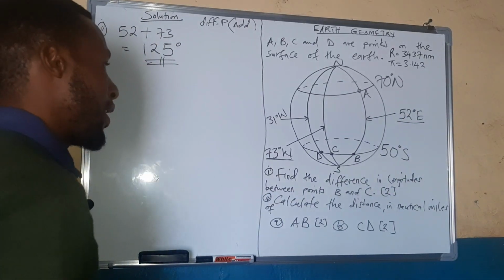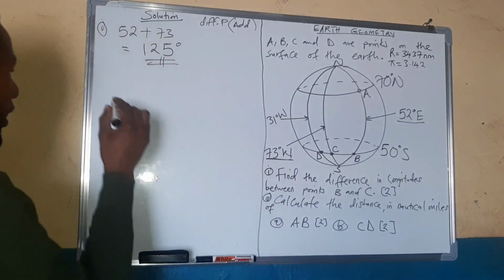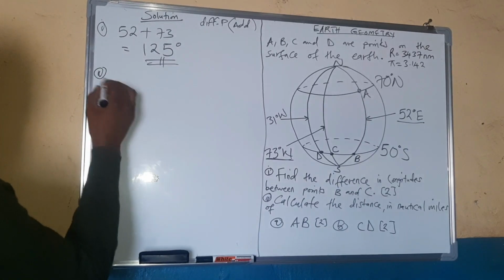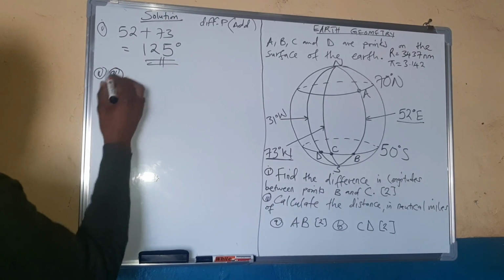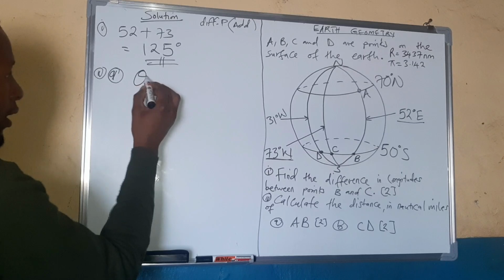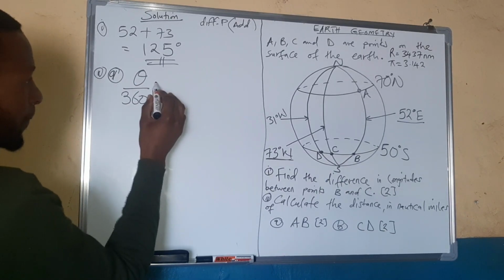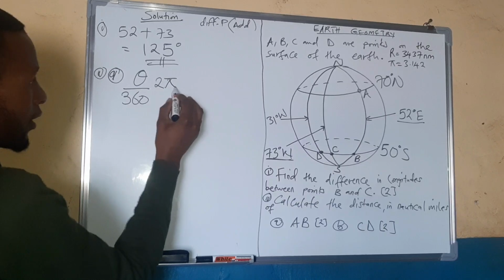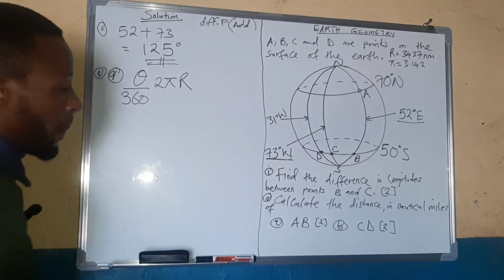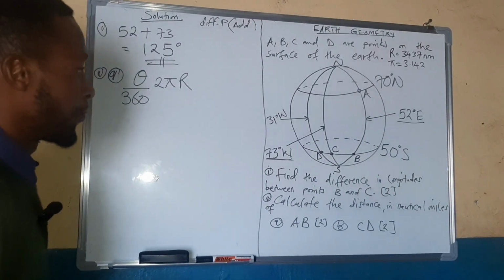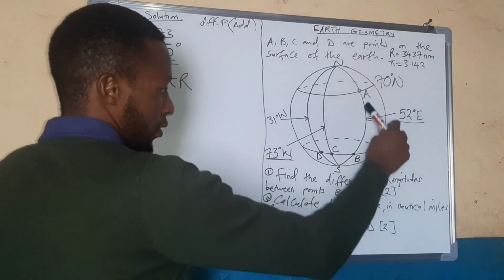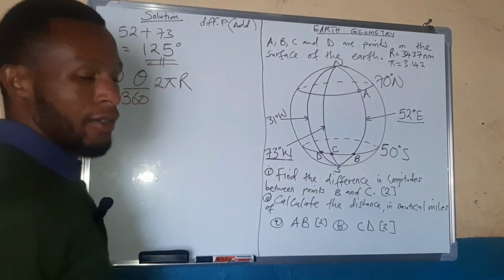Since they are on the same longitude, the formula for calculating their distance will be theta over 360 times 2 pi r. Now, why am I using this? All longitudes are great circles.